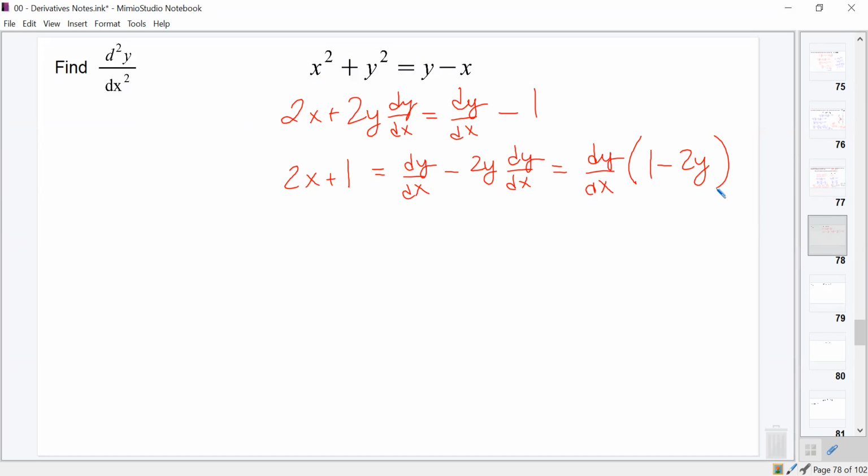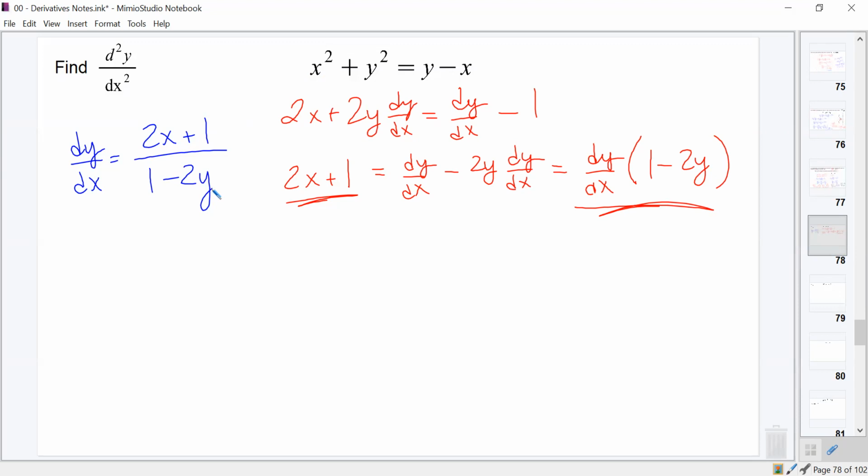So effectively, we've got 2x plus 1 is equal to dy/dx times 1 minus 2y. So that will give us the result that dy/dx is equal to 2x plus 1 divided by 1 minus 2y. Well, the way we find a second derivative is by taking the derivative of the derivative.